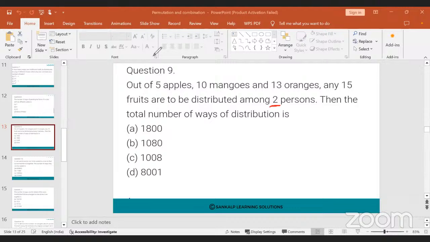Okay, students, got the answer. Option C is the correct one here.